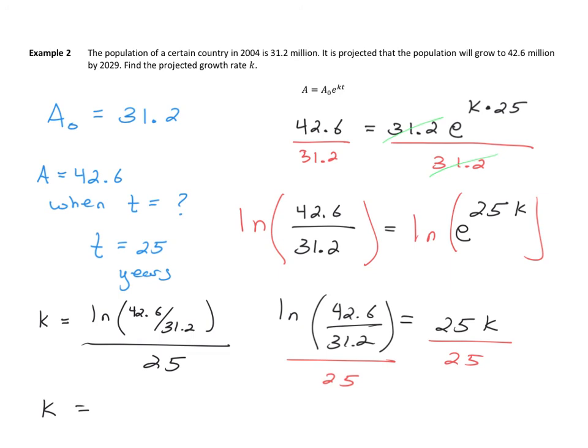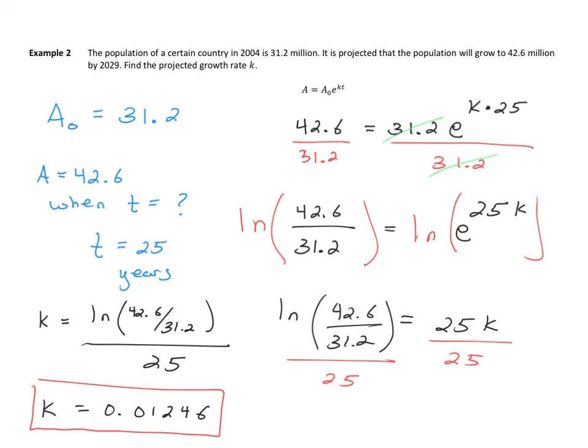Okay, I'm going to take that number and divide it by 25. I think I'll round to maybe 5 decimal places. That's 0.01246. So it's not exact, but this is a very good approximate value for the growth rate k.